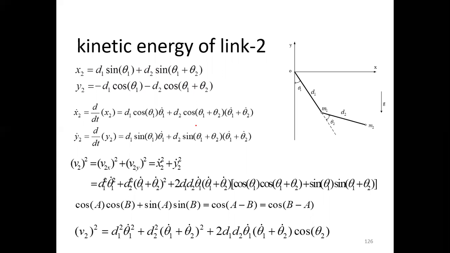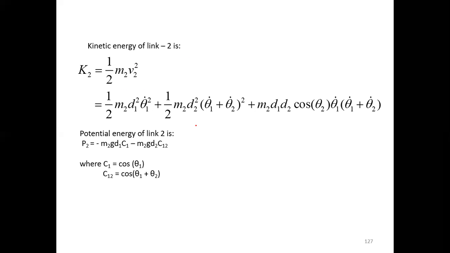Similarly we get the velocities of x2 and y2. The velocity square is equal to x dot square plus y dot square, and using trigonometric formulas you can reduce the expression. Finally you get the K value. Then you will get the potential energy of the link, P2, like this.